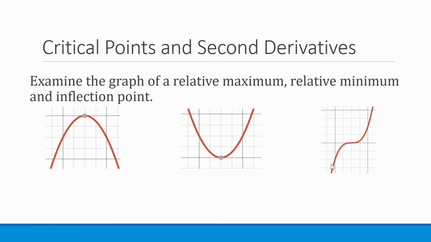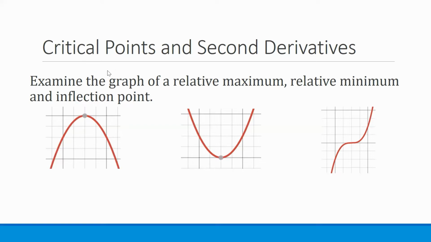There is also a situation at which a critical point can happen at an inflection point. So we have three scenarios for this continuous graph.